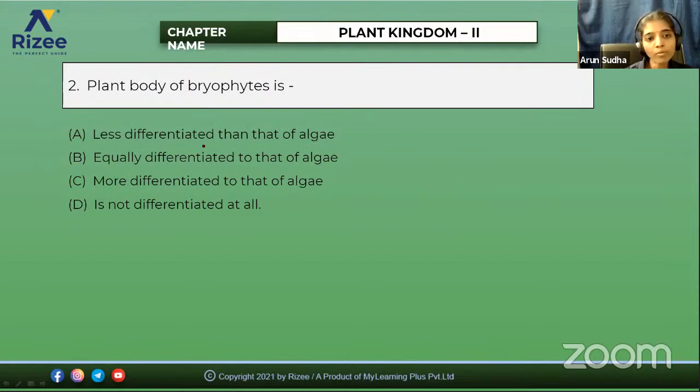Plant body of Bryophytes is, so how is the plant body of Bryophytes? It's less differentiated than that of algae, equally differentiated to that of algae, more differentiated to that of algae, or it is not differentiated at all. So what will be the answer here? When you compare to algae, how will the plant body of bryophytes be?